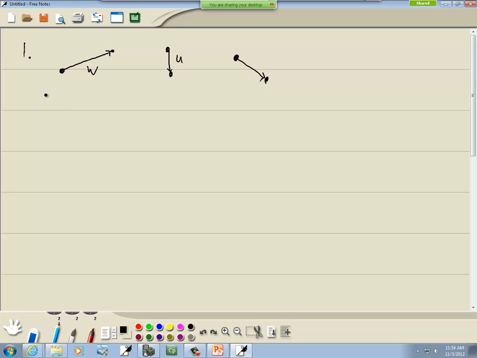So we got U plus V. Well, it doesn't matter where you start. I'll start right here. U. Well, that'd be about this distance, that angle and so forth. So now where this one ended, we're going to do plus V. So we'll do this distance at this angle.